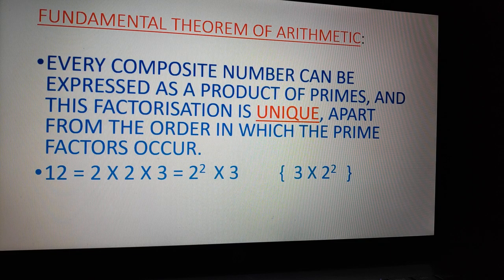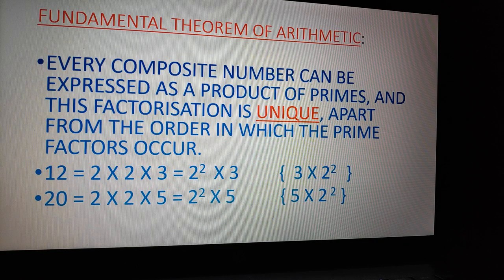But this is not a new factorization for 12 because both 2 square into 3 and 3 into 2 square are the same. Therefore this factorization is unique. We cannot have more prime factors besides 2 and 3.